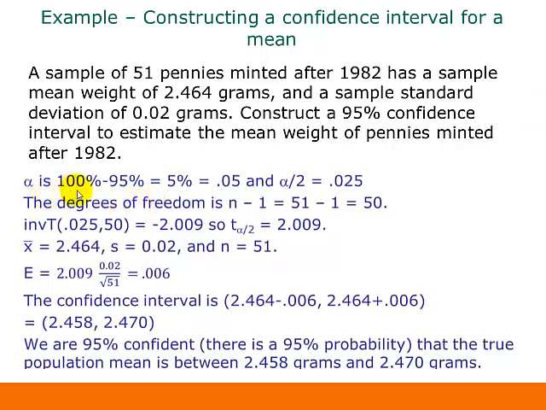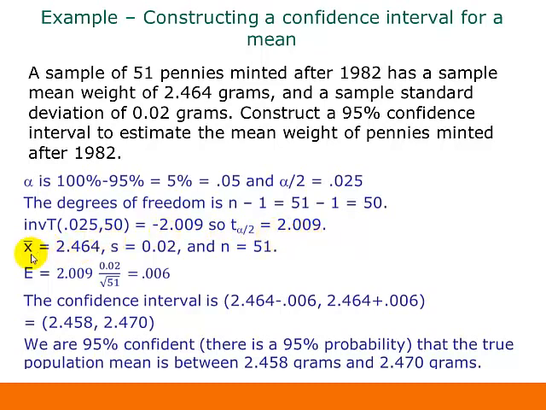So we already went through the steps to find our critical value for this case, but again, this is going to be different for every different sample size. So the steps would be to find alpha over 2, and then the degrees of freedom, which is n minus 1. Put that in your calculator or look it up in the table. Our critical value will be 2.009.